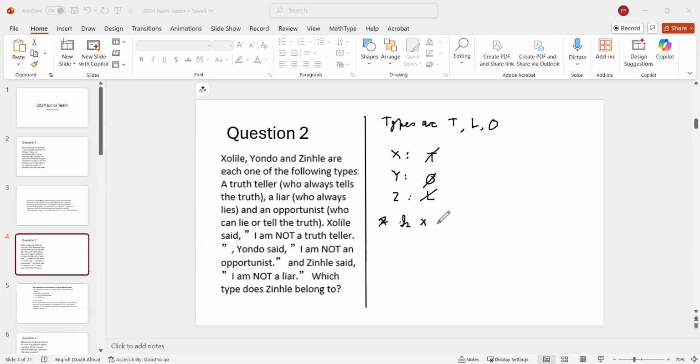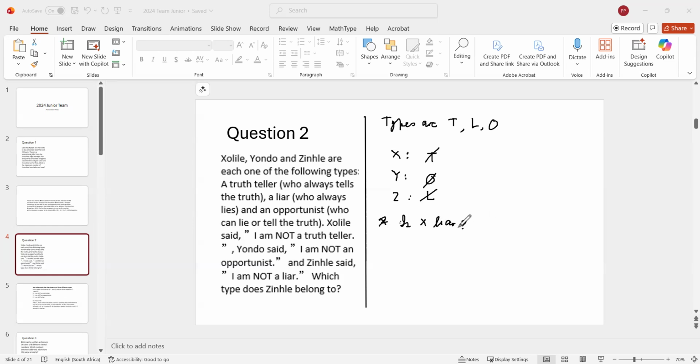Suppose you say, is X the liar? Well, if he is a liar, then he's speaking the truth when he says he's not the truth teller, right? So we can't make any... Yeah, okay.